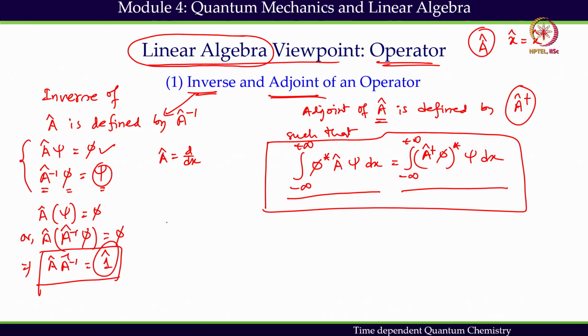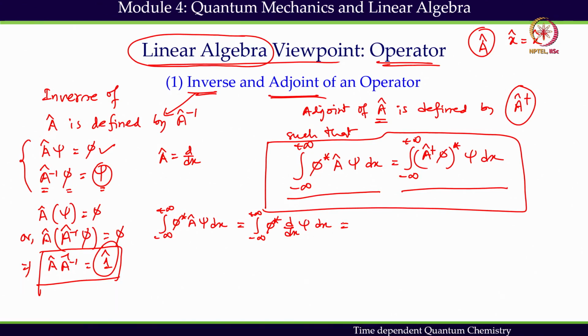Then I can try to find the integral from minus infinity to plus infinity of phi star A psi dx, which equals the integral of phi star d/dx psi dx. Now, I cannot just position this operator anywhere without constraint, because this operator acts only on psi. So, I have to go for integration by parts.